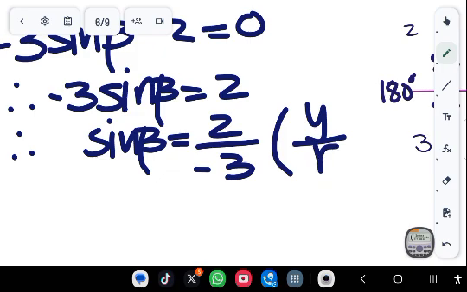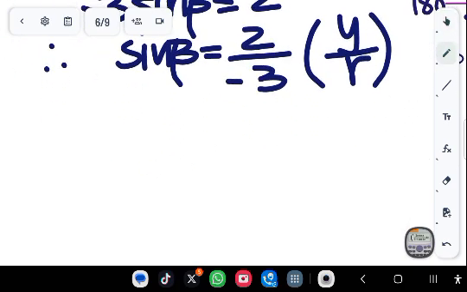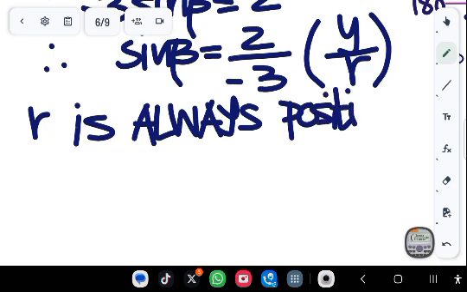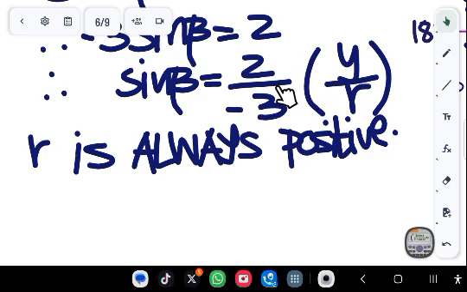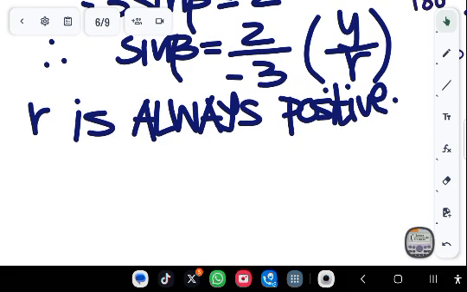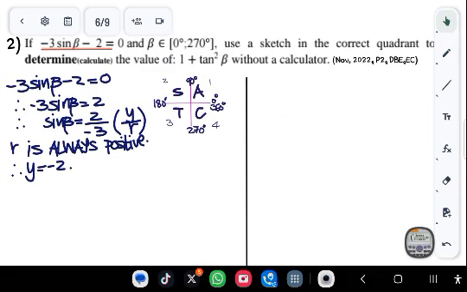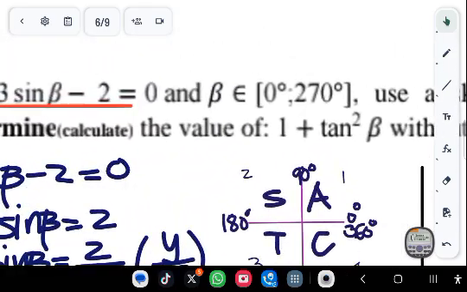Y over r. Okay, we know that r is always positive. Meaning that therefore the negative bit here will be the y, which is at the top. Therefore the y is the negative 1. We're not sure yet what quadrant this angle falls, so we go to the next bit.